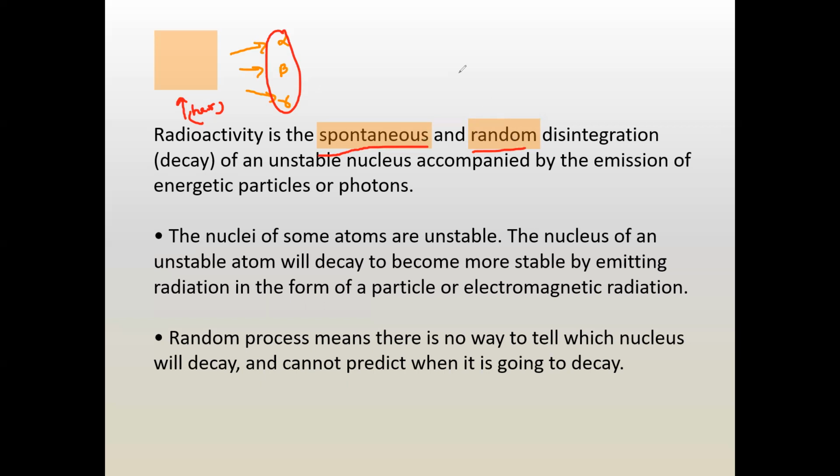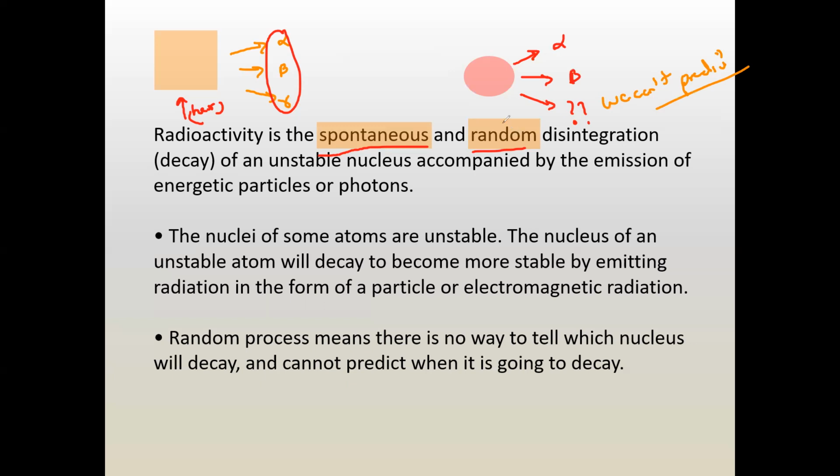And what is the meaning of random? The term random means there is no order. For example, you have a nucleus that first emits alpha, then emits beta. What will be the third radiation it will emit? We cannot predict, because this process is random.